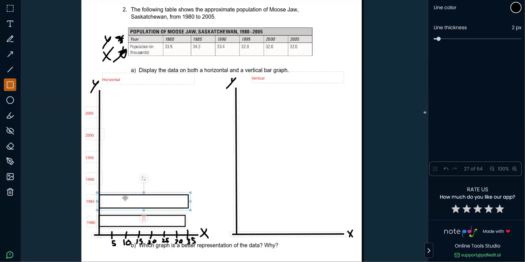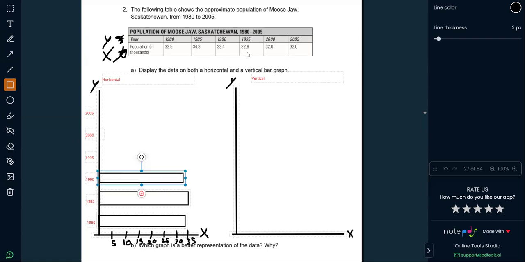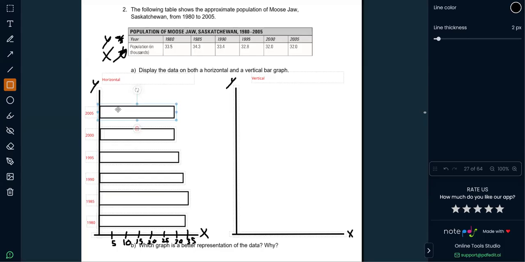Now you might be catching a little bit of an issue with this graph, which we'll talk about in a second. Next one here, 33.4. About right here. Then 1995 was 32.8, so we can see it's going down a little bit. About right here. Then 2000 was 32. And then 2005 was also 32.